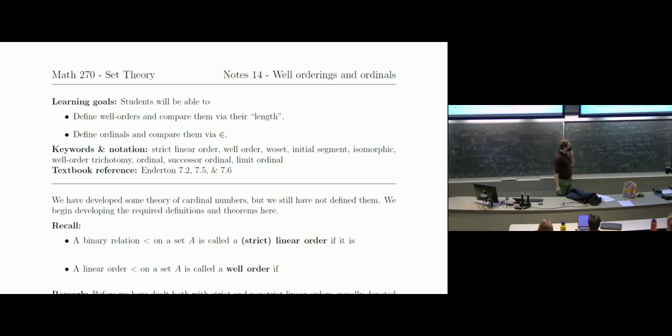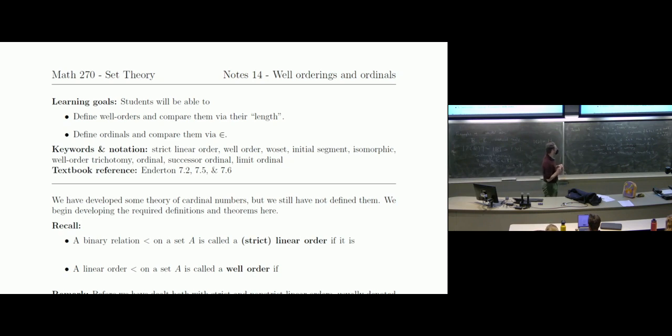Looks more like a beta. Anyway, what I mean by this is there is an element of B which is less than every other element of B. That's what it means to be the minimum, right? You're less than everything else.